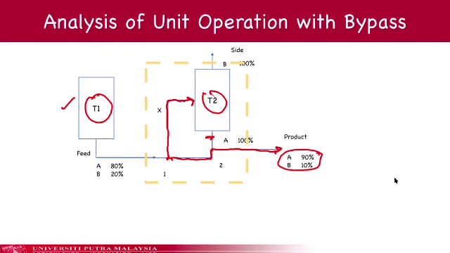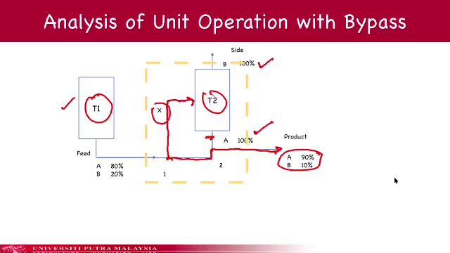For the stream that goes into tower 2, where the separation of A and B occurs, we can see that the separation occurs perfectly, even though this is not what happens in industry.